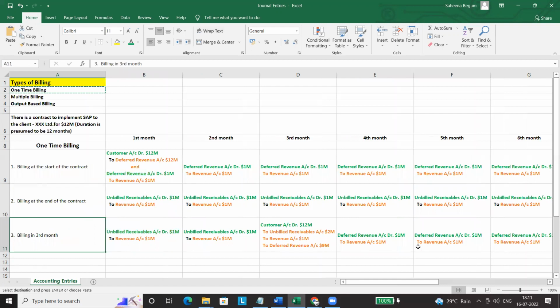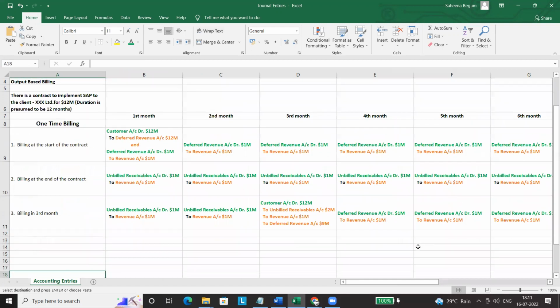The key takeaways from this are, first, the customer will be billed only whenever there is a bill. It will not be billed every month, but whenever there is a bill, as we've said, it can be at the start, at the end, or anytime during the contract.